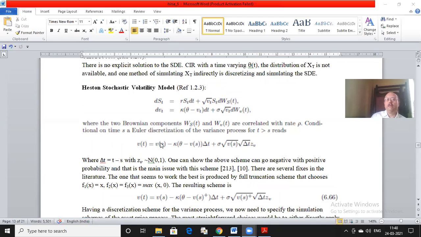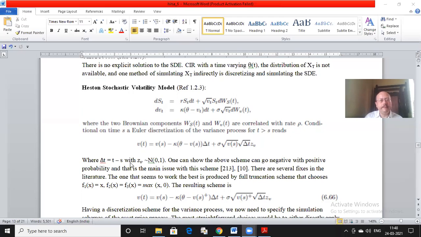So conditional on some time s, some starting time s, Euler discretization of the variance process will look like this. So for the variance process, we do a Euler discretization, a first order discretization, simpler method.